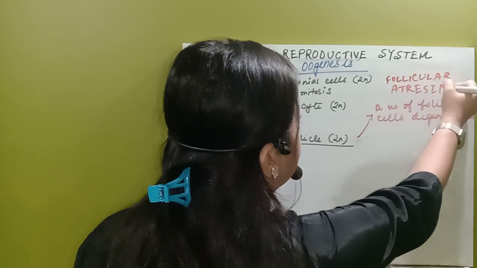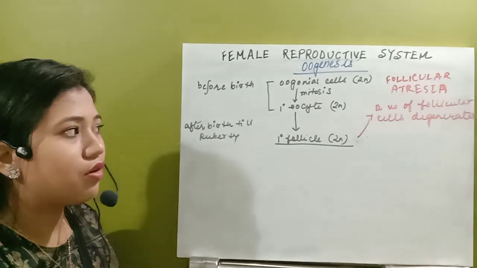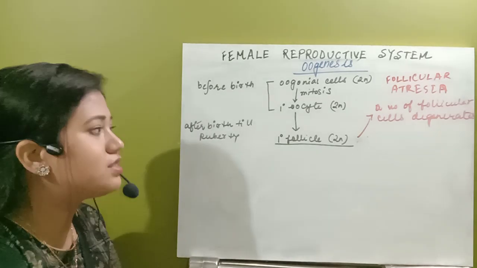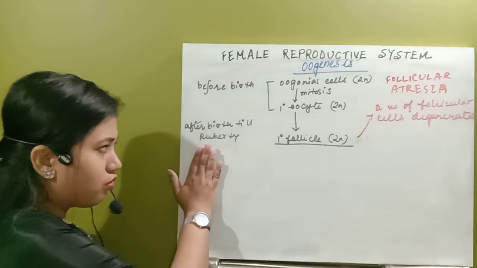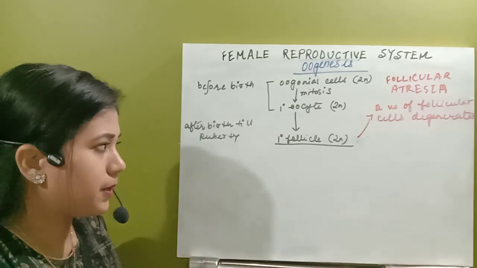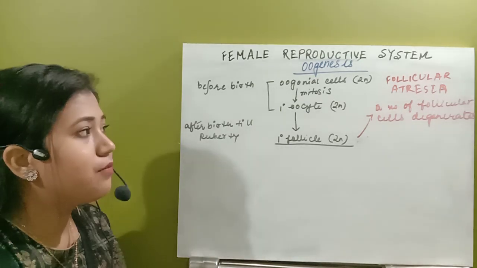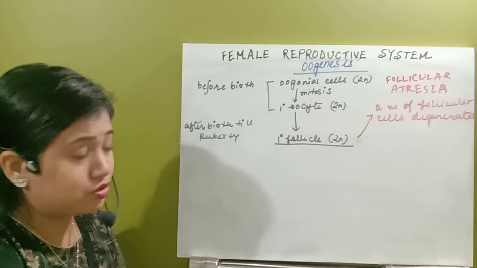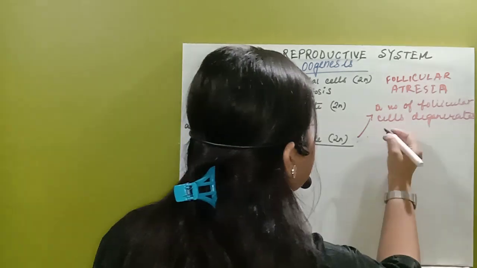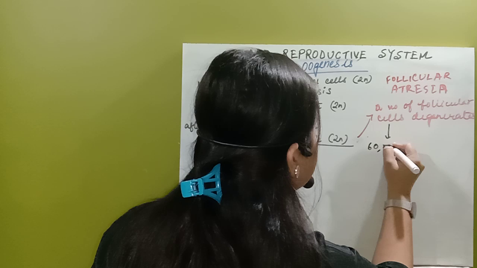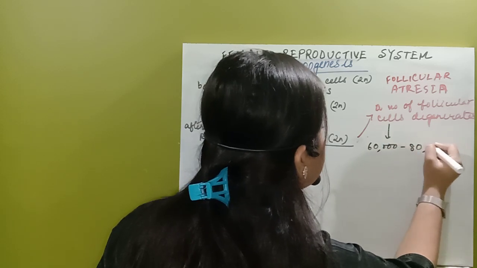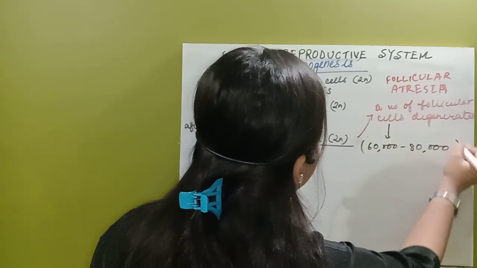So in this follicular atresia, a number of follicular cells degenerate from the time of birth up to puberty. At the time of puberty, we have only around 60,000 to 80,000 primary follicles.